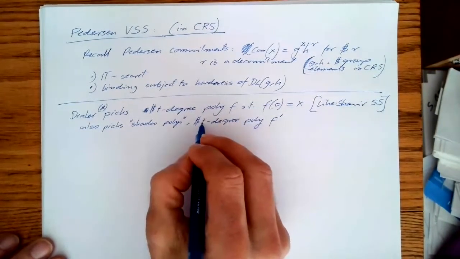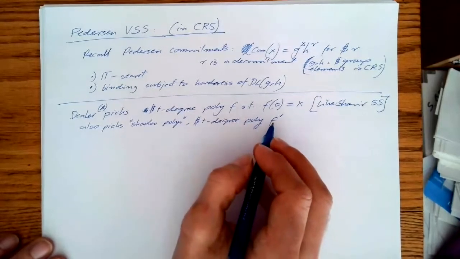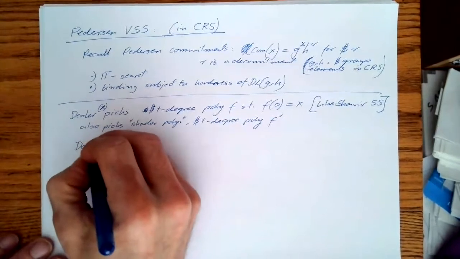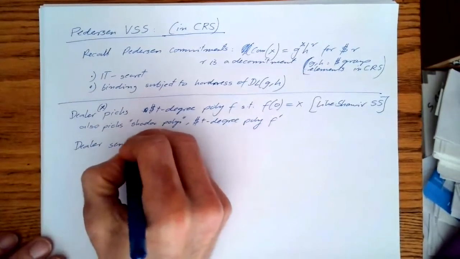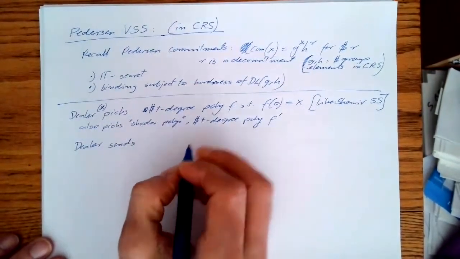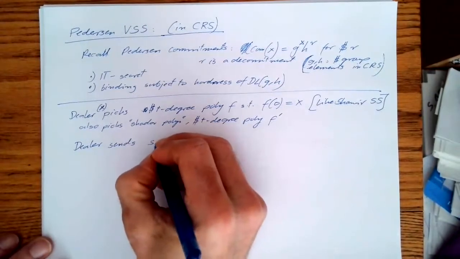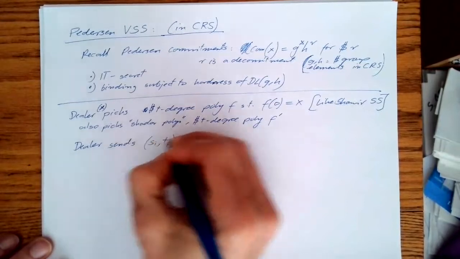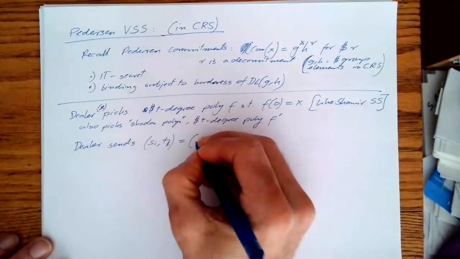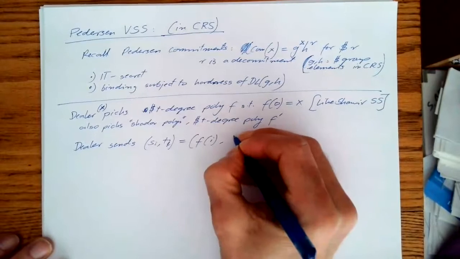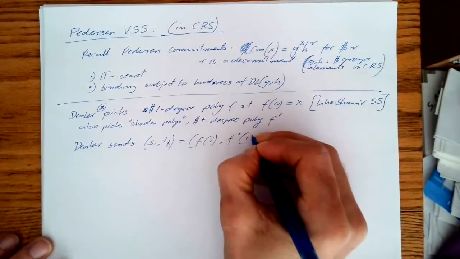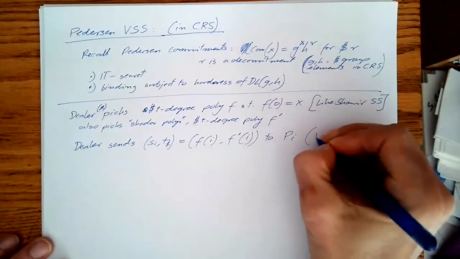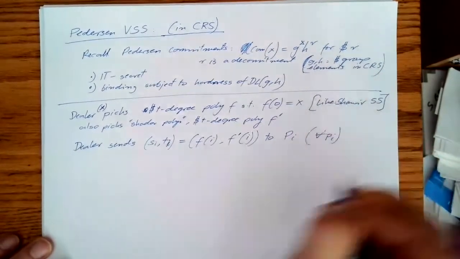Okay, it's a T-degree polynomial, but it's completely random. The dealer sends the following share to each player: si, ti, which is f evaluated at i and f prime evaluated at i, to player Pi, and he does it for all players Pi.